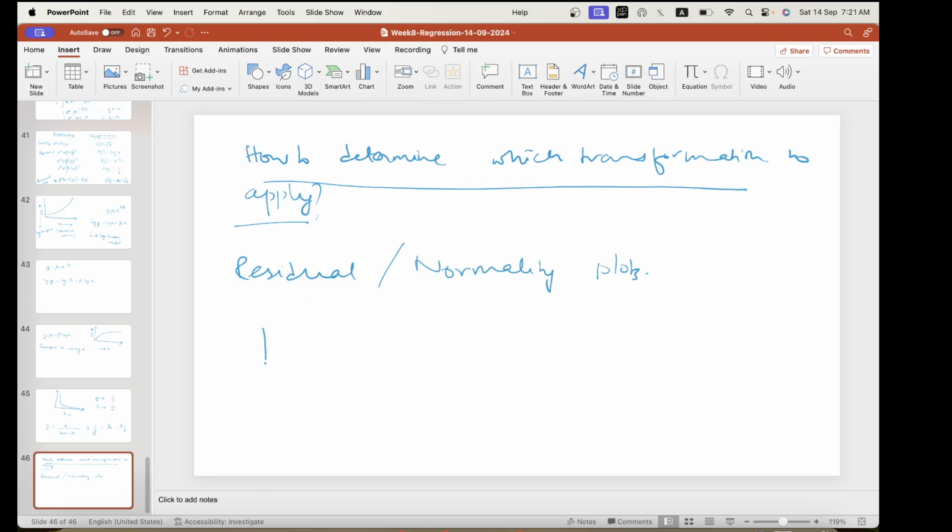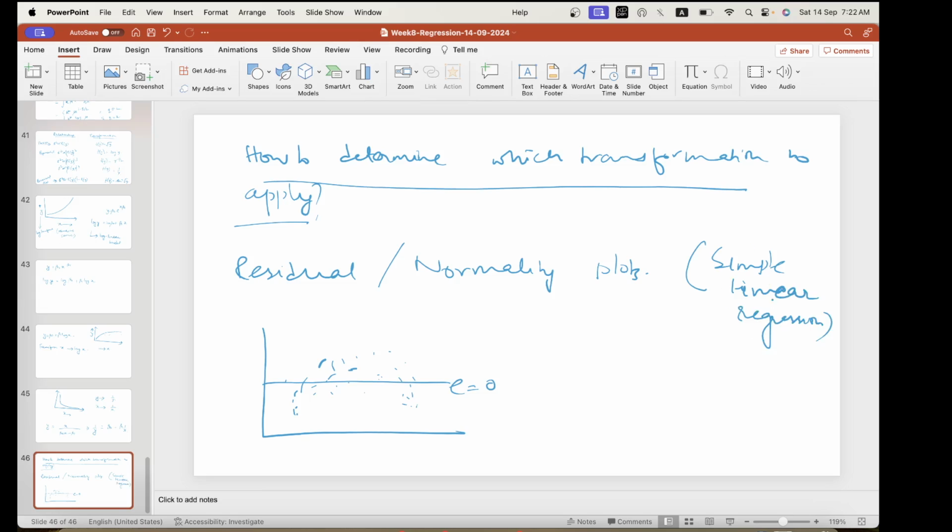If the residual plot, this is equal to 0, shows some kind of pattern, say in a simple linear regression, instead of plotting e_i versus predicted y_i, we could also plot e_i versus x_i.